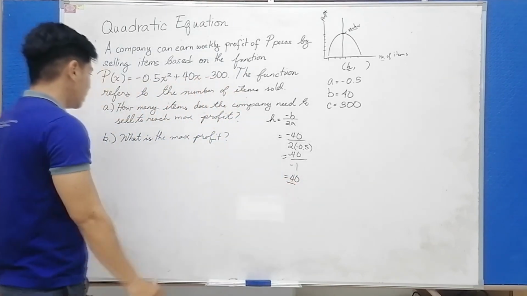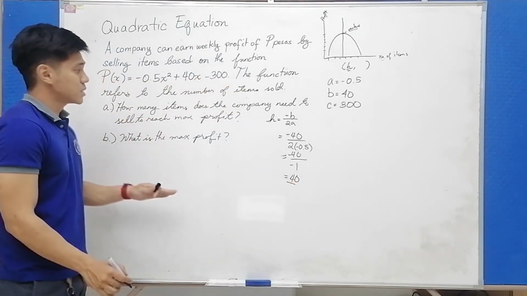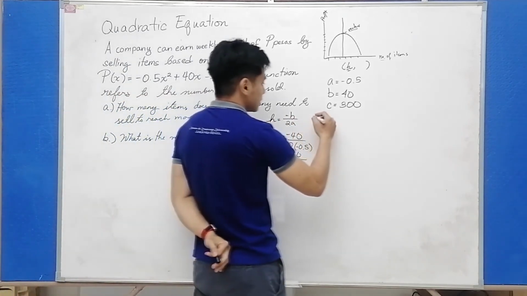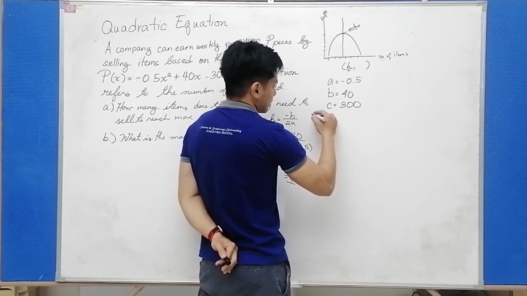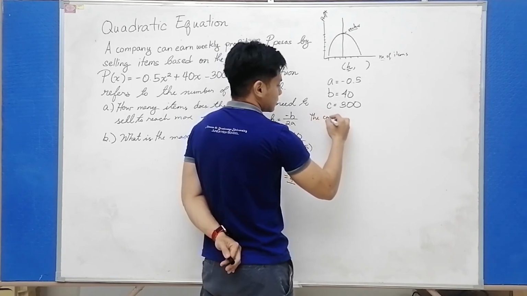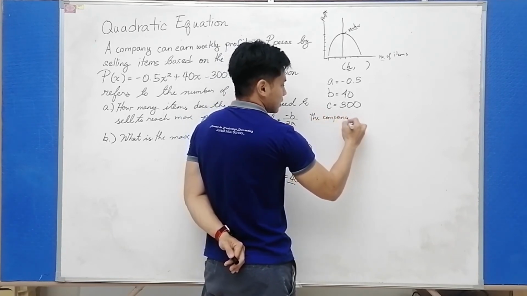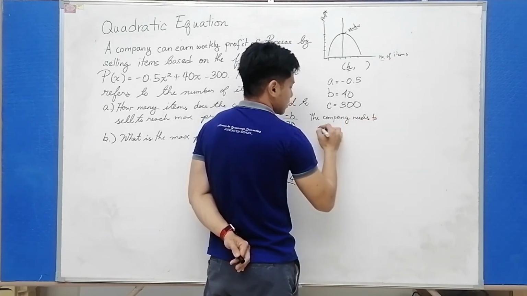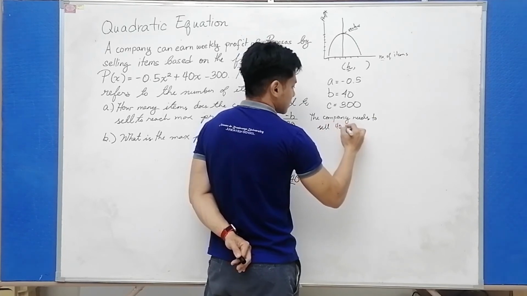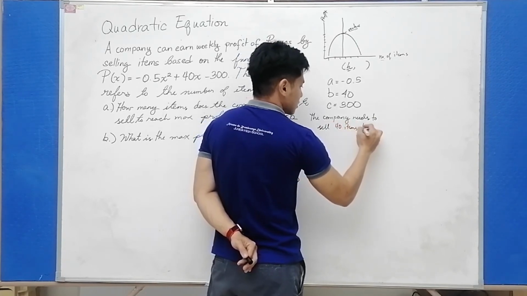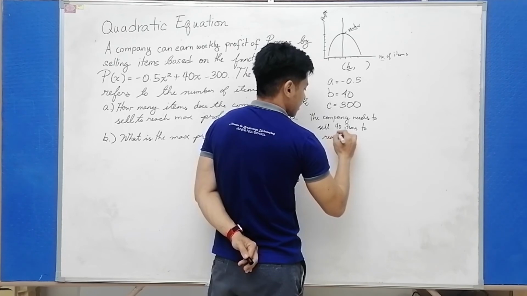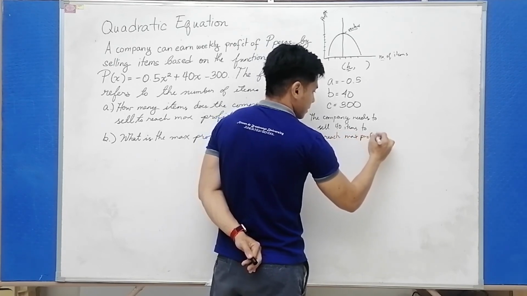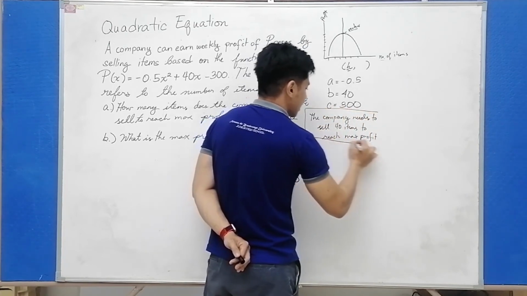So we need to sell 40 items to reach the maximum profit. So the statement will be: the company needs to sell 40 items to reach max profit. Okay, that is our first answer.